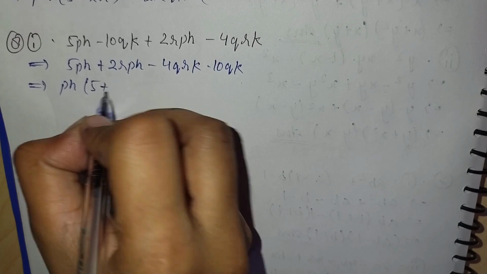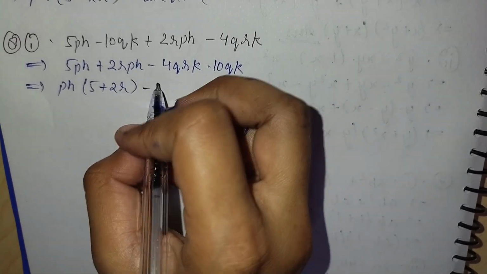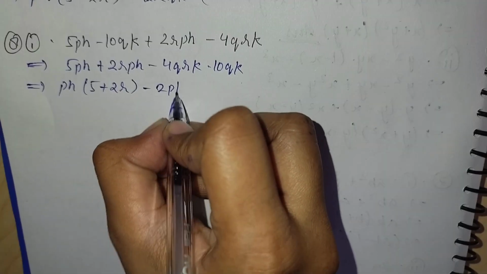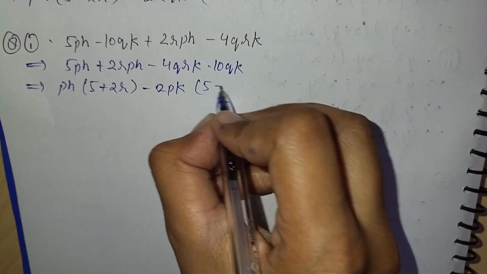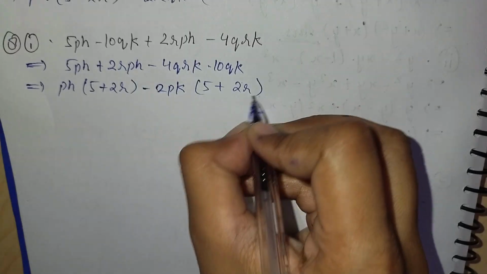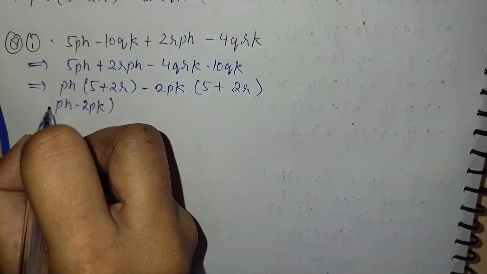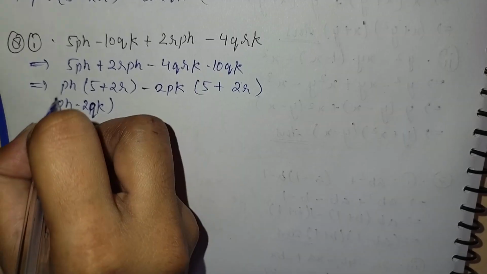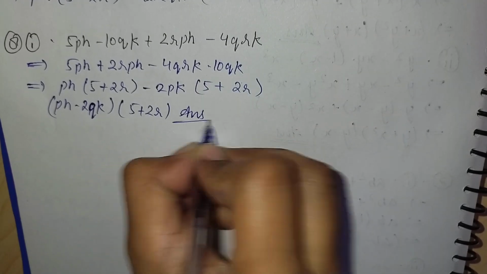So 5 plus 2r. Now minus 2qk we can take here as common. So firstly we will write here 5 plus 2r. So ph minus 2qk, and here 5 plus 2r is the answer here in this question.